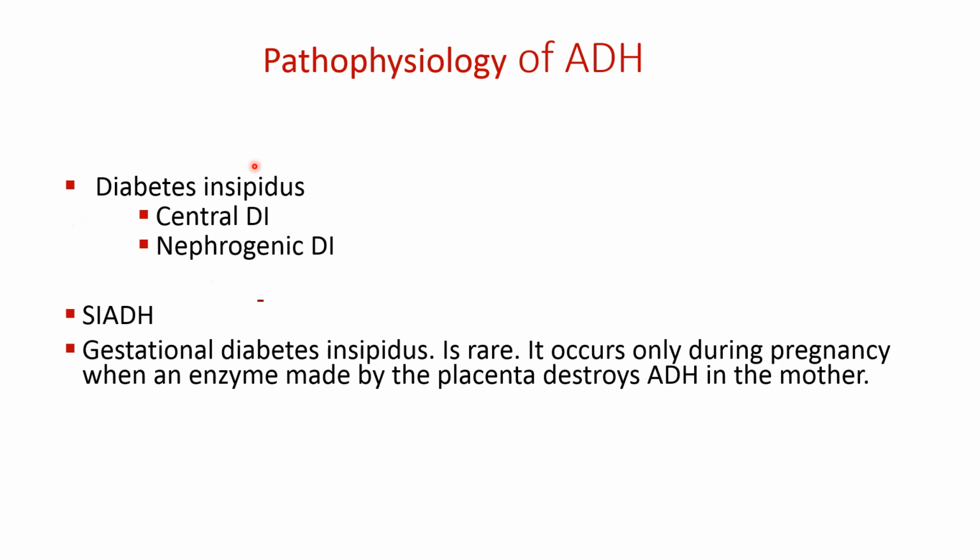These are the primary causes, or the main primary disorders of ADH secretion. At times we have tumors, for example in the lung, which secrete a large amount of ADH, and in this case we have, in a sense, hypersecretion of ADH.